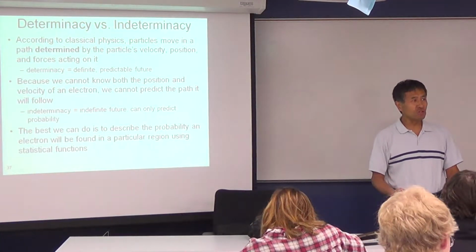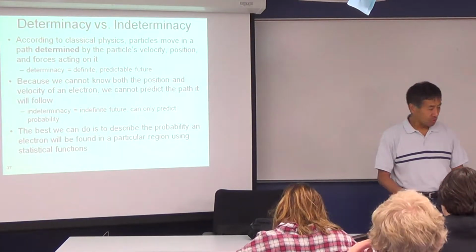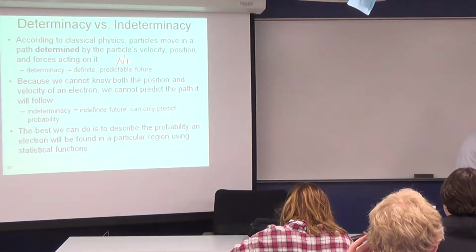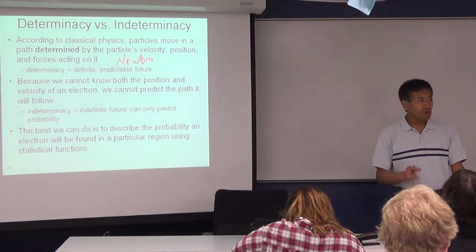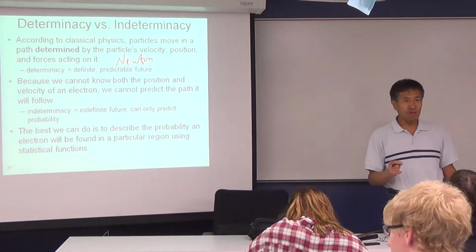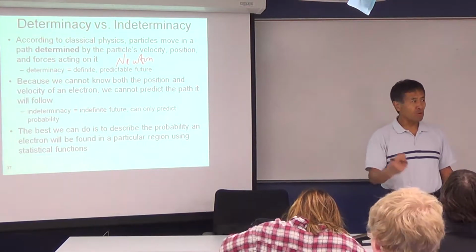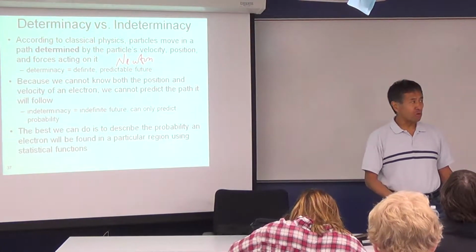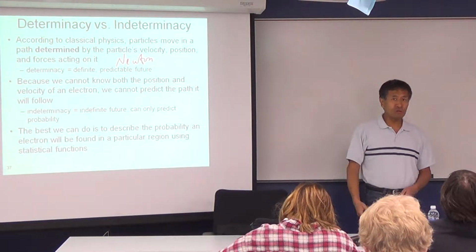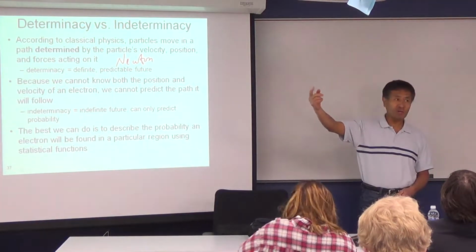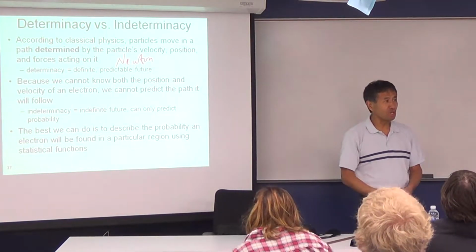You still want to use Newton's model. Newton's model requires something, right? You need to tell me the position of the ball and the speed of the ball. Then if somebody throws a ball at you, you look at the position and the speed now, you can predict where it will land, and you can catch it.